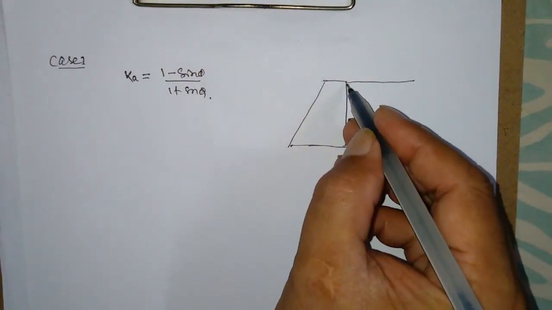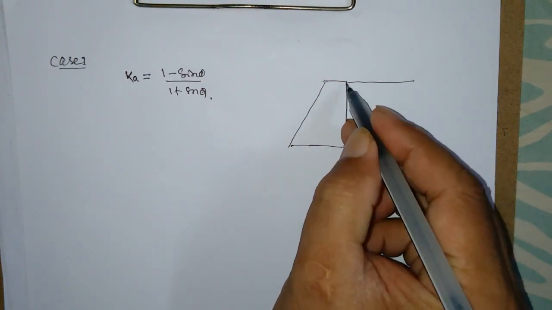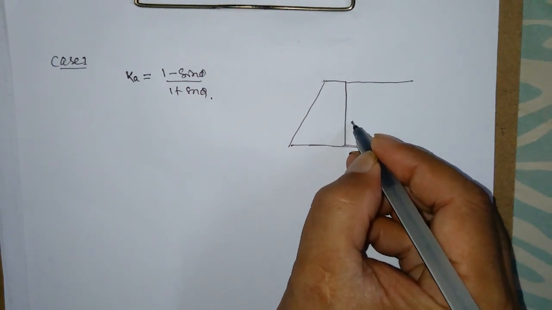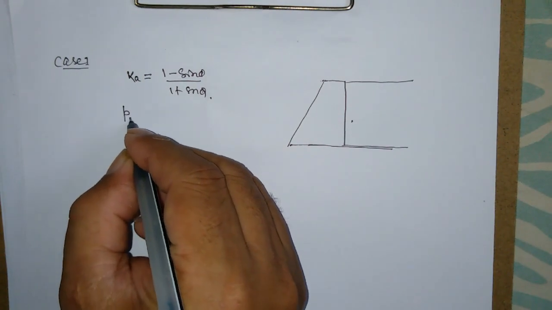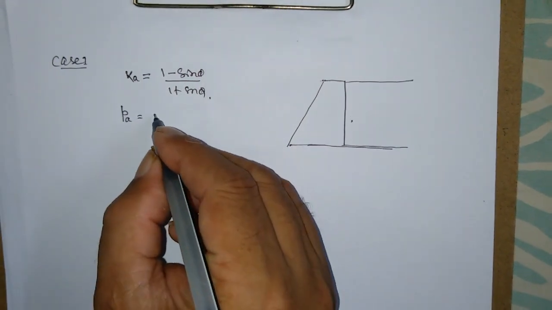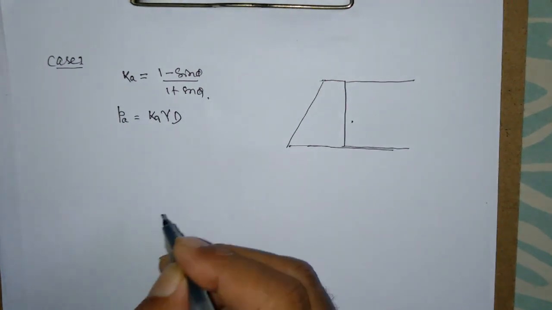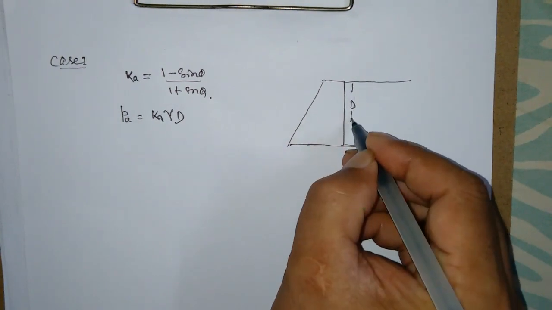Now at any depth along the height of the wall, and at any point, the active earth pressure Pa will be given as Ka gamma D, where D is the depth of the point.